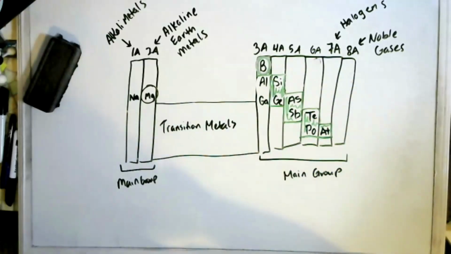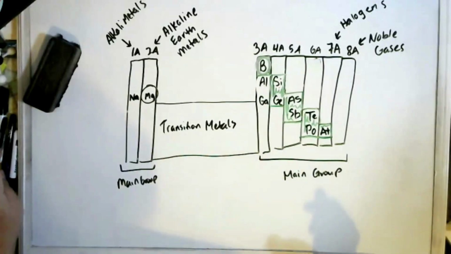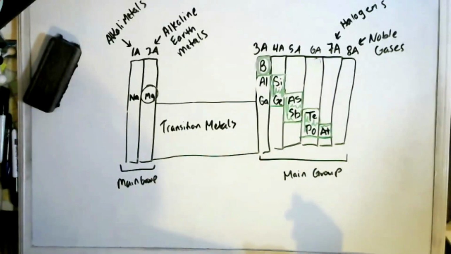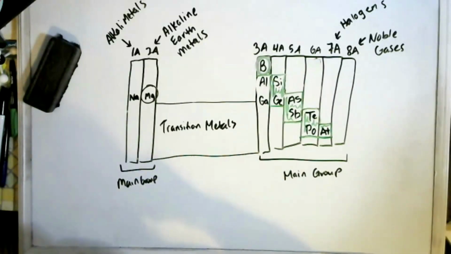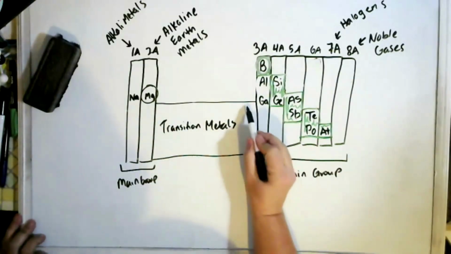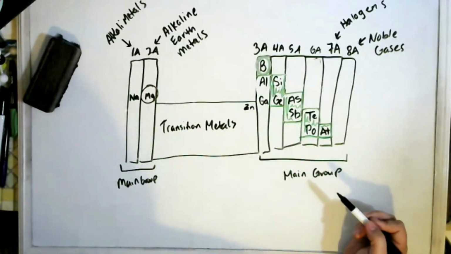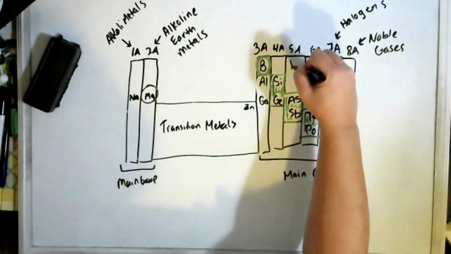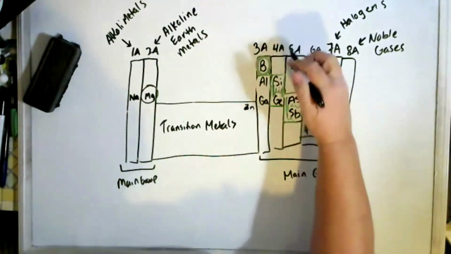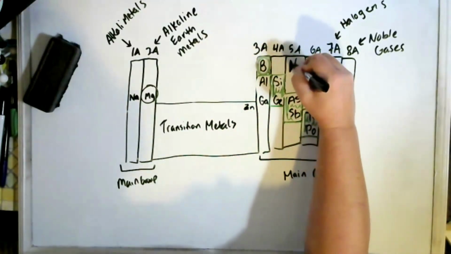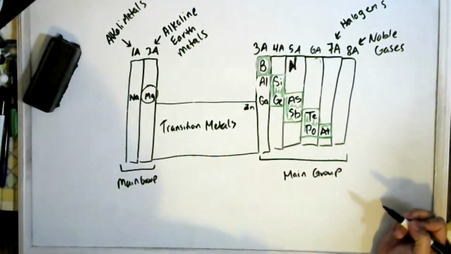Okay, everything that's not on that staircase is not a metalloid. So they give you, as choices here, zinc. Zinc's over here on the periodic table, not a metalloid. They give you nitrogen, which is up here, not a metalloid.